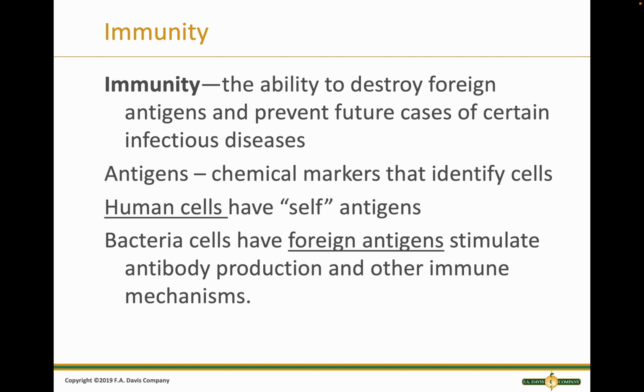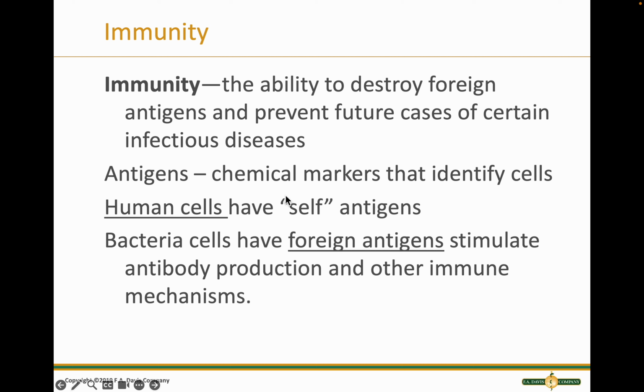Your immune system is fighting off typically bacteria, which have what are called foreign antigens, meaning they're not you, and the immune system will see that it's not you and start attacking it in these lymph nodes.